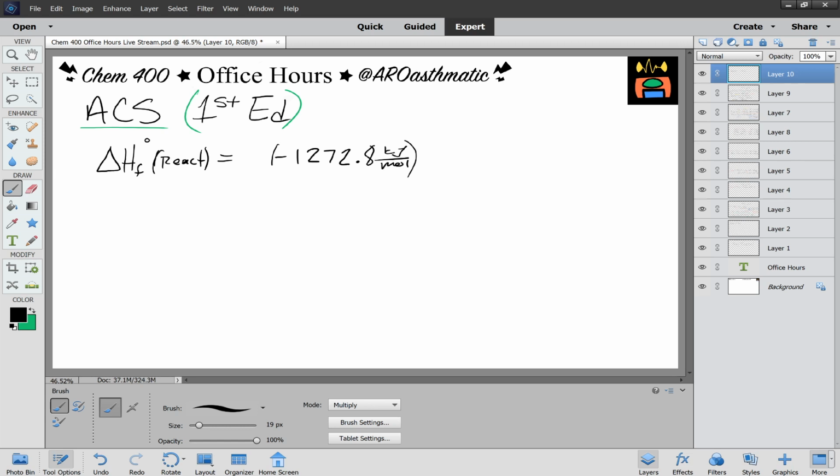And again, because this is the heat of formation of 1 mole, and in this reaction we actually are only dealing with 1 mole, we don't have to multiply this by anything.